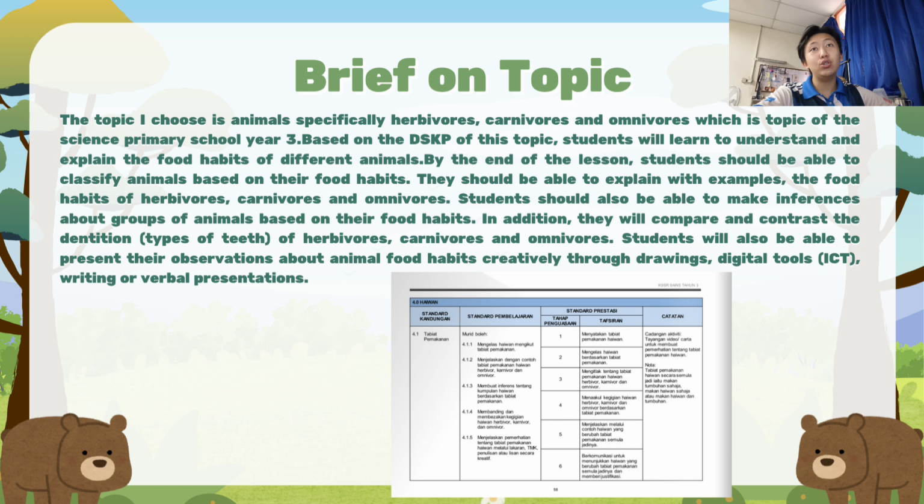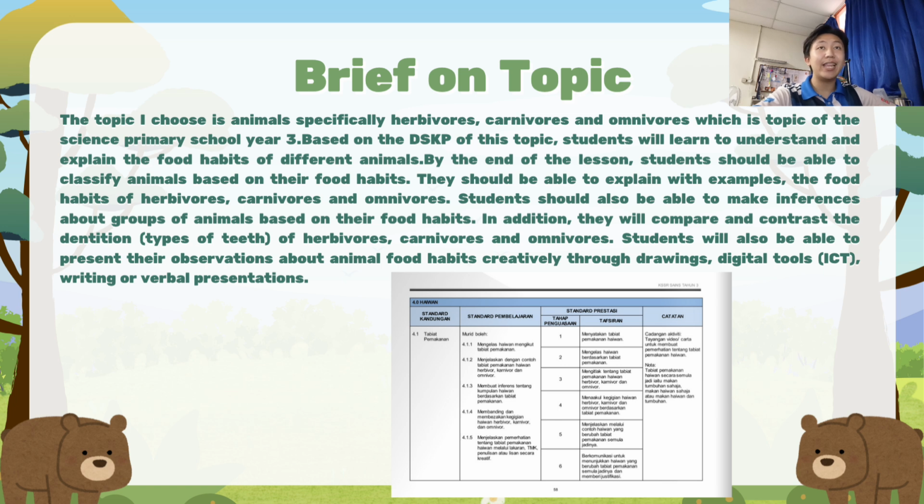The topic I chose is animals, specifically herbivores, carnivores, and omnivores, which is a topic of the science primary school year 3. Based on the DSKP of this topic, students will learn to understand and explain the food habits of different animals.